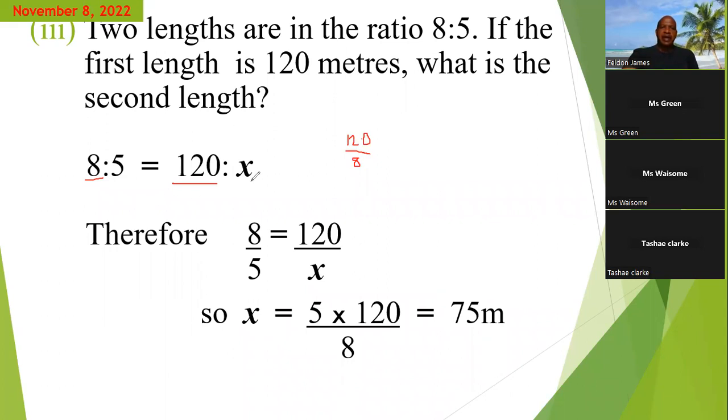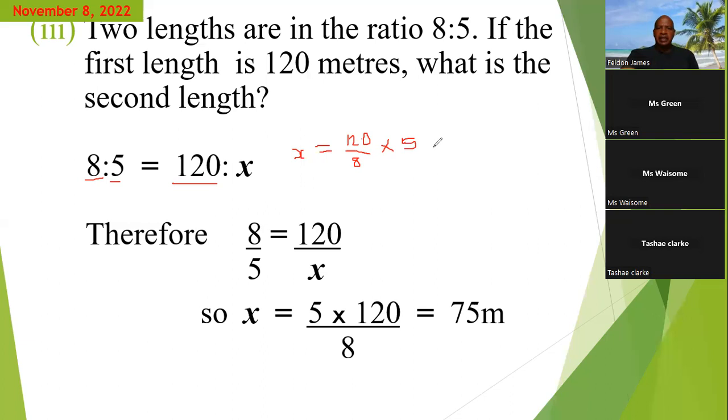Now, what we're trying to find is the second ratio, which is the 5 relating to the x. So in order to find the value of the second ratio, we would times it by the 120 over 8. So x is equal to 120 divided by 8 times 5.